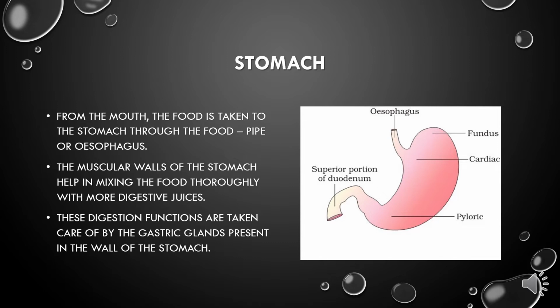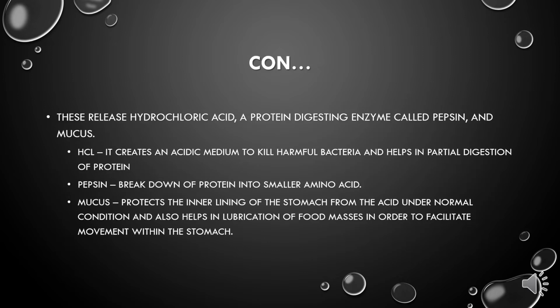These digestion functions are taken care of by the gastric glands present in the wall of the stomach. The wall of the stomach releases hydrochloric acid, a protein-digesting enzyme called pepsin, and mucus. This is very important for digestion.